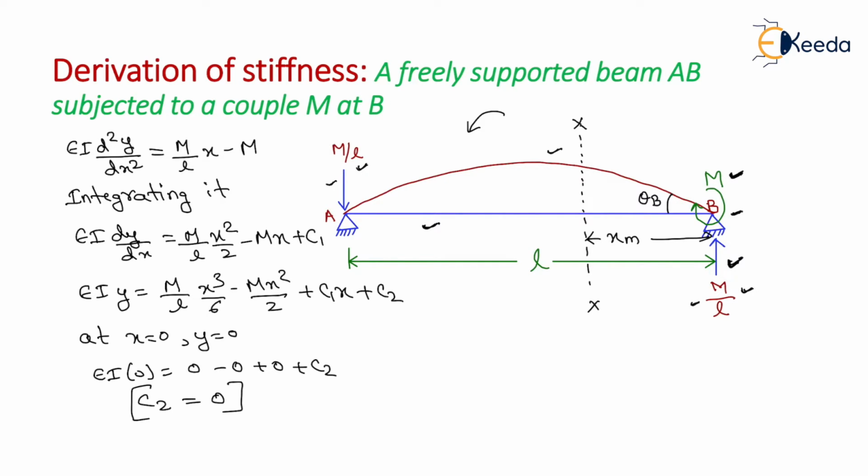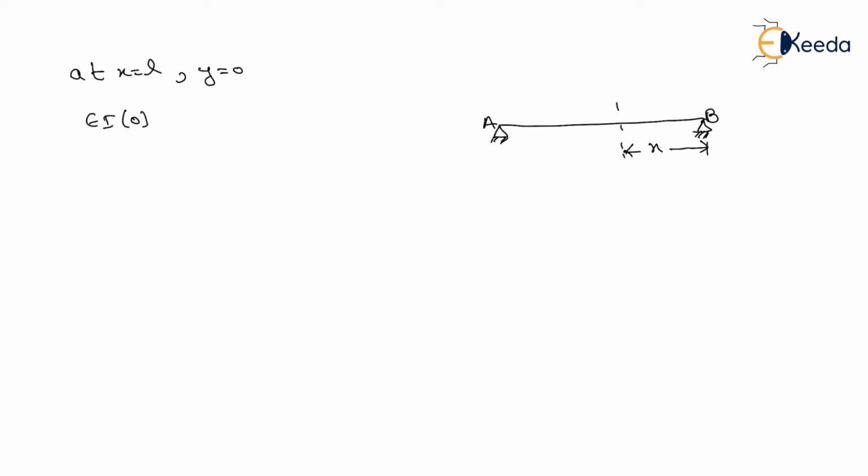Now we need to use the next condition, that is at x equals L, y is equal to 0, because there is no vertical displacement of support A. So y will be equal to 0 at support A. Now we put this condition in the EIy equation, and we will get EI into 0 equals ML cube by 6L minus ML square by 2 plus C1L.